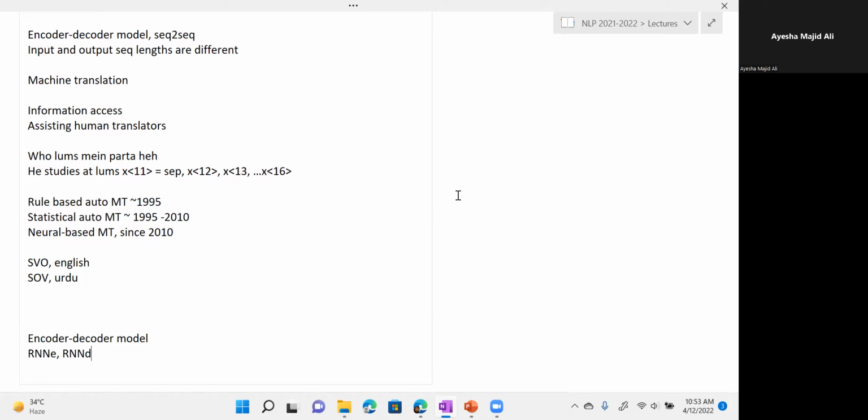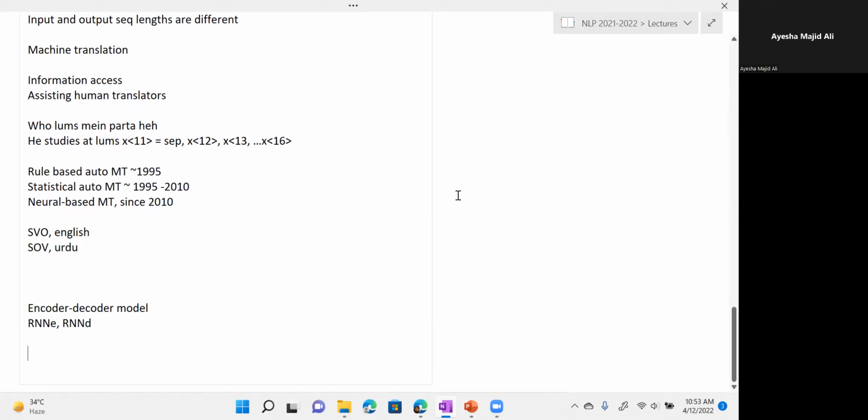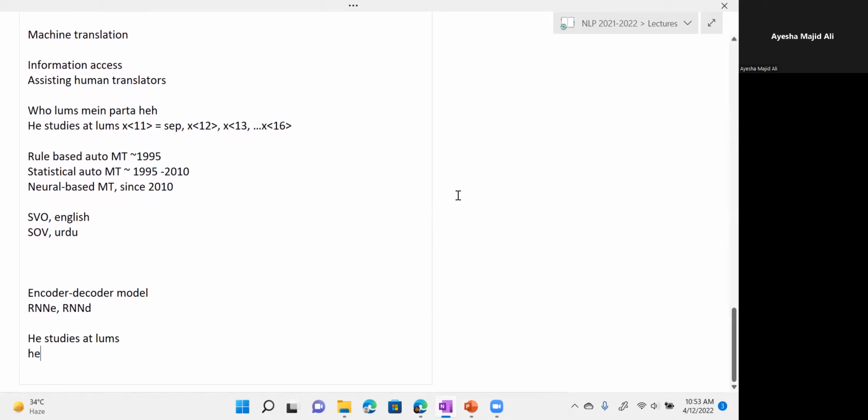So at each position, you get an A, and then at the final position, you also get a final A. For example, if I have an input sentence, "he studies at LUMS", you first input "he", then "studies", "at", and "LUMS". When you input LUMS, you get a final output A4. So this is the final output that contains information for all the preceding context.